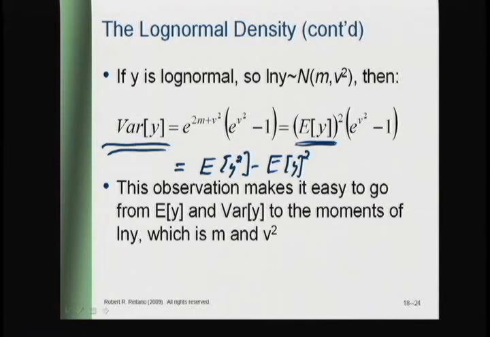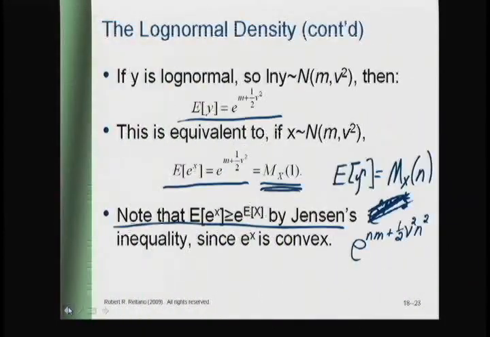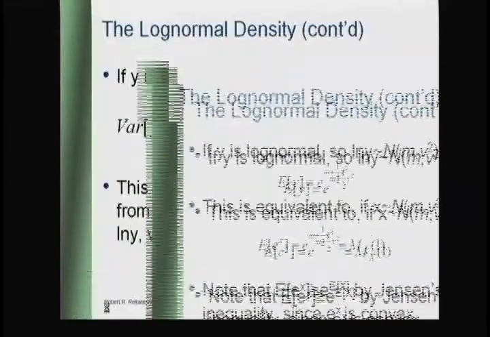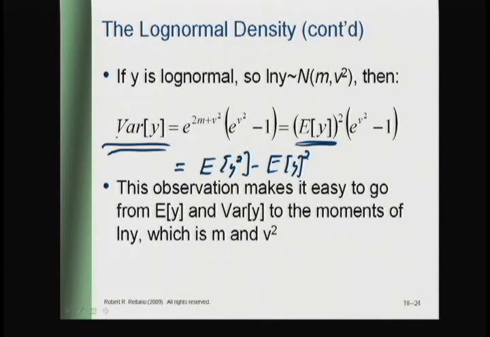I'll do an example now, but obviously if you are given m and v squared, you can easily write down the mean and the variance of y, the associated log normal. Why? Because both the mean and the variance of y are defined explicitly in terms of m and v squared. There's the expression for the mean, here's the expression for the variance.